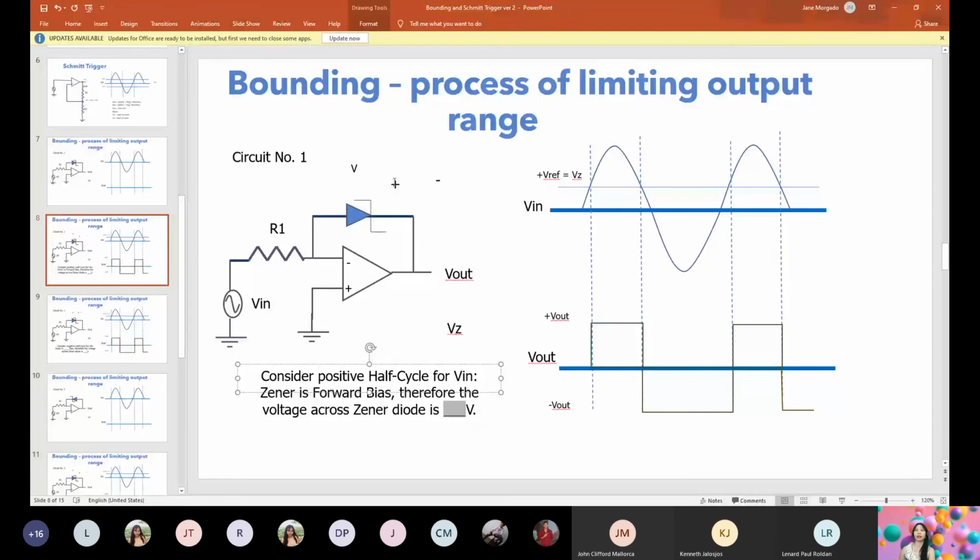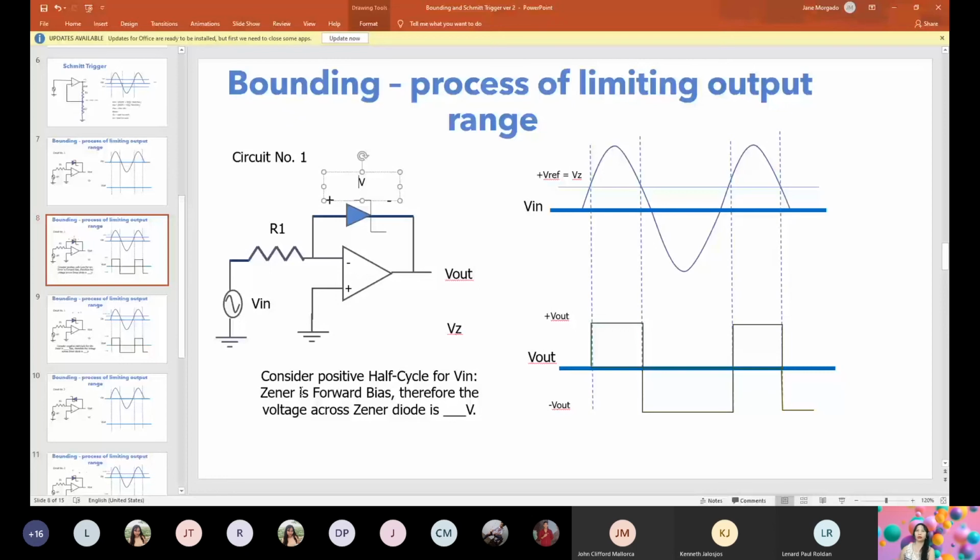Where is the positive? At the anode, not the cathode. And what is the voltage across the Zener? 0.7 volts. So this is equal to 0.7.